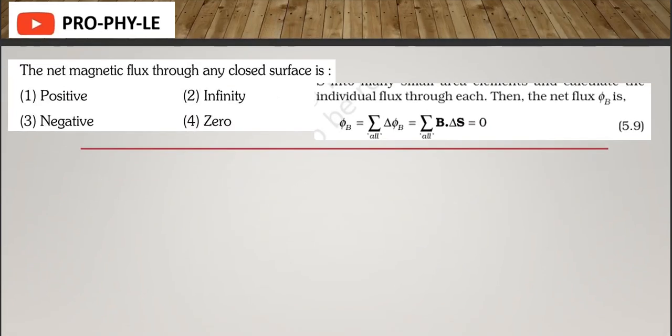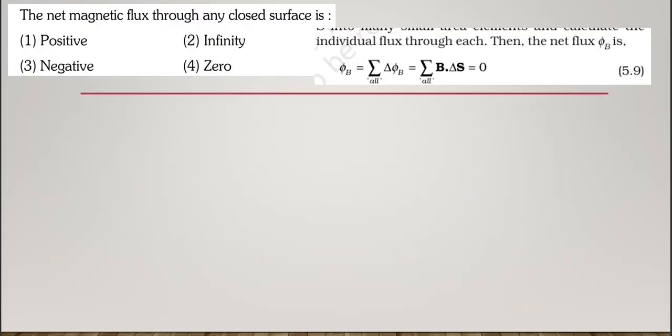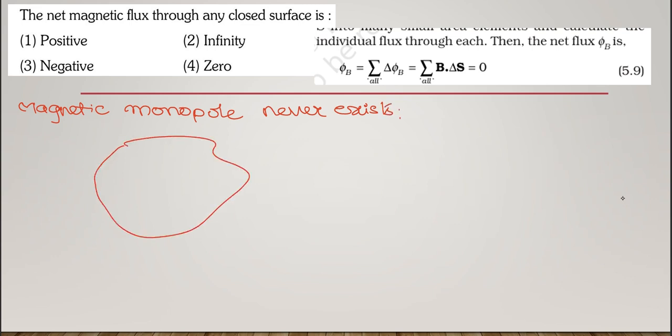And now, the net magnetic flux through any closed surface. This is from the magnetism and matter chapter. As we know, a magnetic monopole never exists. So if any closed surface is there, the magnet always exists in the form of dipoles. North pole will be there, south pole will be there.